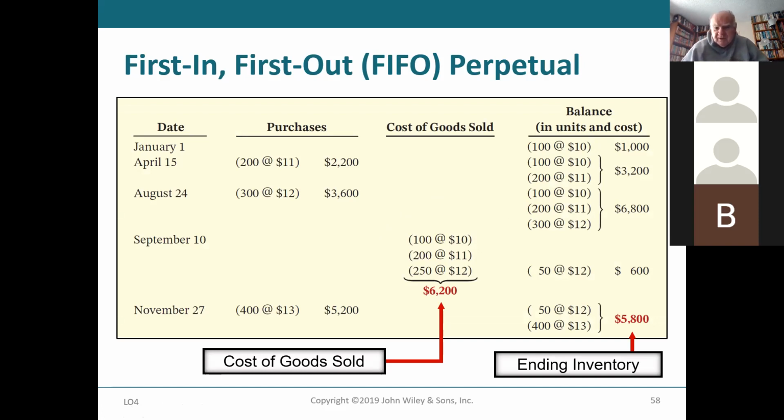Which ones did we sell under FIFO? Well, we know we sold the 100 times 10, the 200 here, and we needed 200 to come out of here to equal our 500. They're just doing it in increments. Then they had a second sale or another purchase, and that would just start the cycle again. Comes out exactly the same.